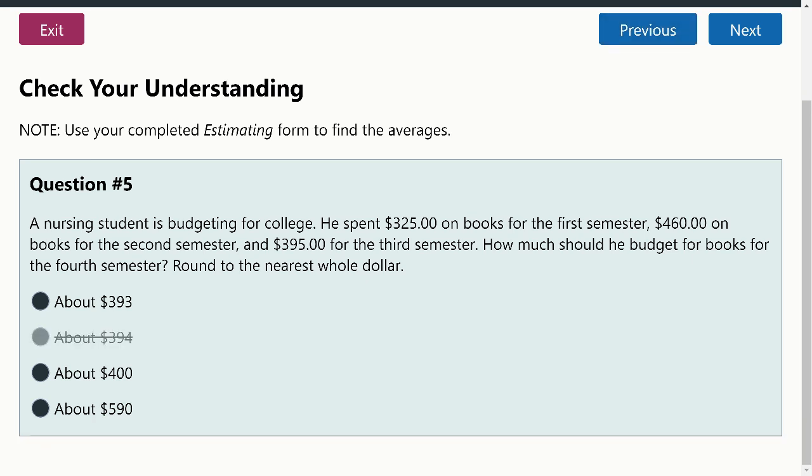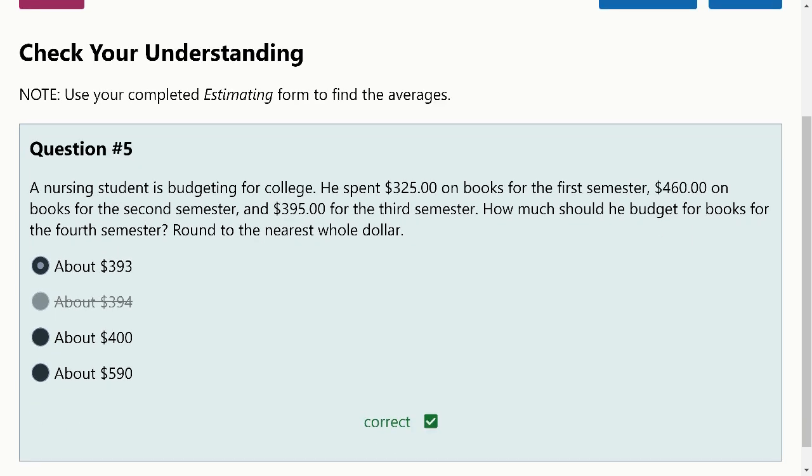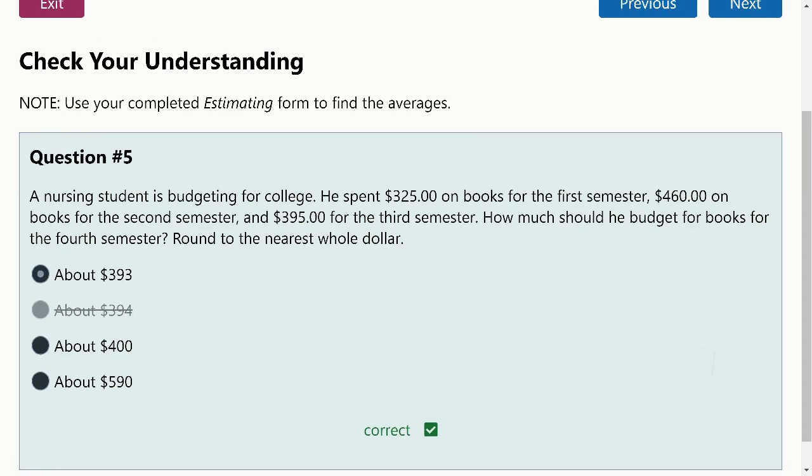What's the answer? 393.3. I'm checking. Round to the nearest whole dollar. Yep. So if you add these 3 numbers and divide by 3, because you got 3 numbers, that's going to give you your average. So it came up to 393.3. So if you round it to the nearest whole dollar, it's going to be 393.